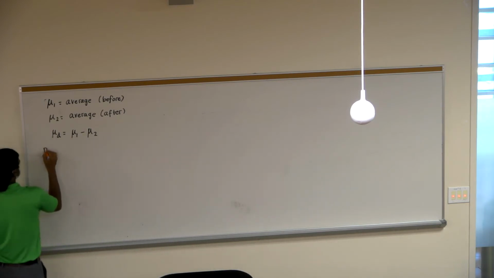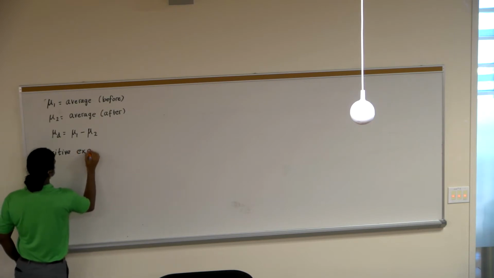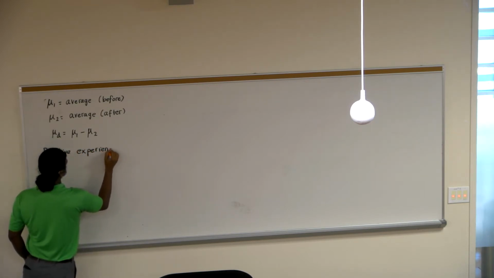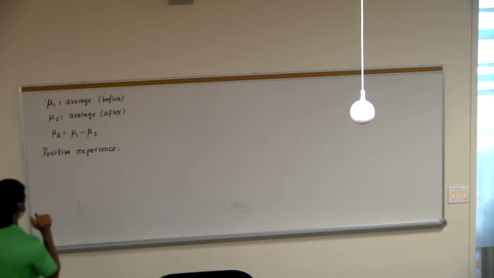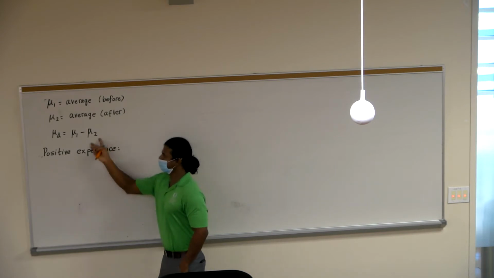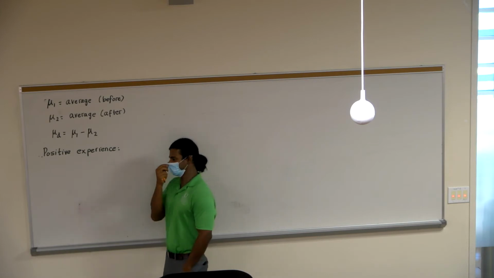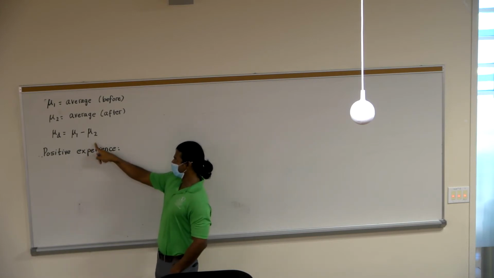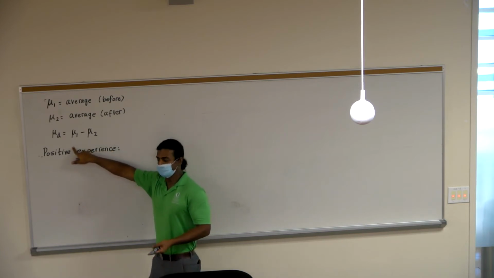So what would a positive experience mean in terms of mu sub d? A negative number, very good. So positive experience doesn't imply that this has to be a positive number. It has to be a negative number because that would indicate that mu2 was bigger than mu1, right?